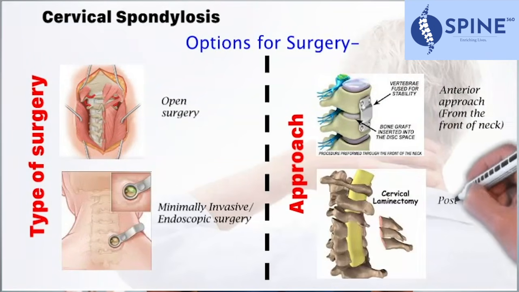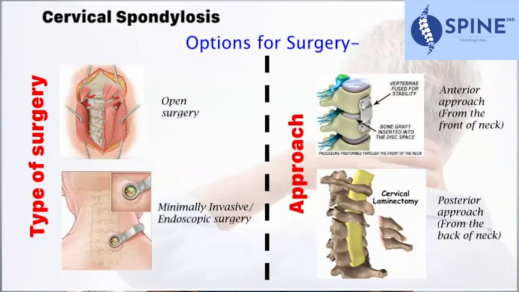It can also be done using an approach from the front, or from the back of the neck, as the individual case demands. These decisions are more complex, not within the purview of this talk, and will be taken by the treating doctor or a spine specialist in individual cases.